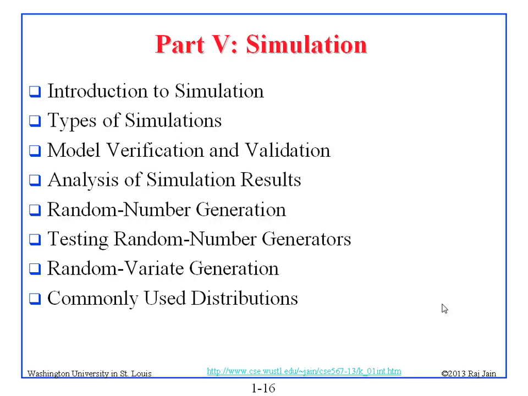So anything which is not uniform is called a variate. And then commonly used distributions. We talk about some of the common ones like exponential and Weibull and so on and so forth. We will not talk about those in the class, of course. They are talked about in the book. But it is important that you read that part so that when the time comes, you know some of the things that are in that chapter.